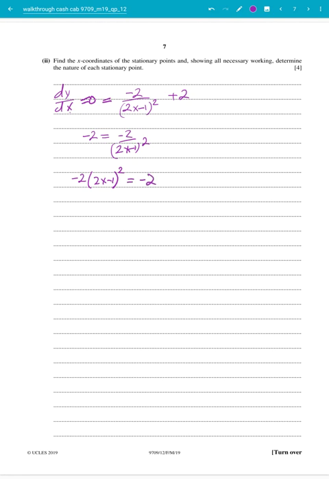So I moved 2 over, and then I multiplied both sides by (2x minus 1) squared to get rid of the fraction. Those will cancel. So (2x minus 1) squared equals 1. Take the square root.